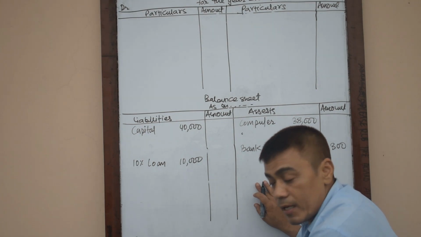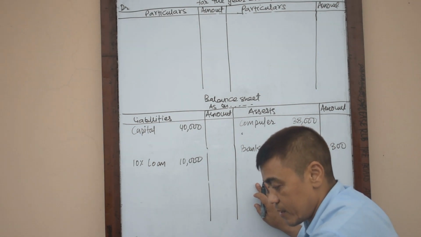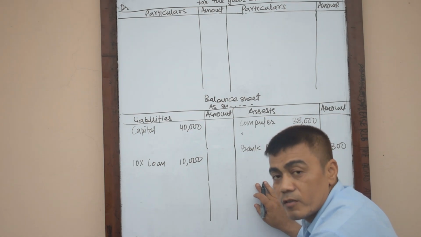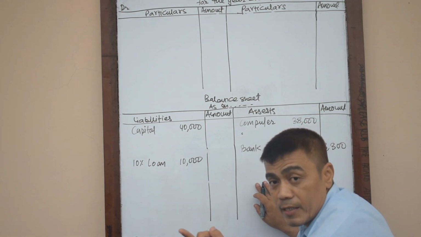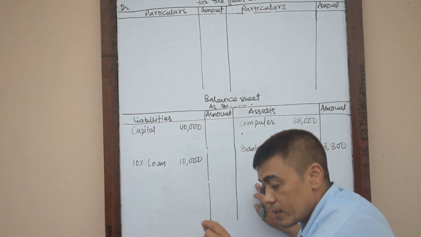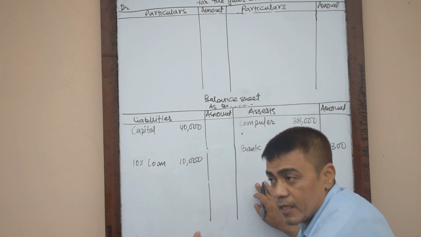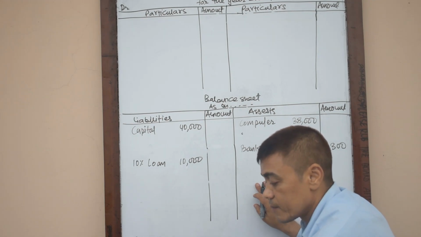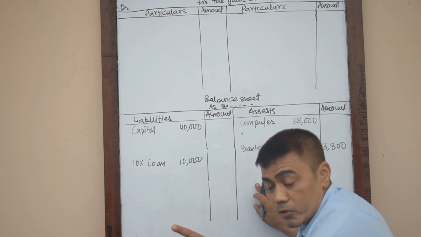Now we'll go to the receipt side of this year. On the receipt side there is given opening balance 8,500. That means the previous year's remaining 8,500, the same amount this time also. At the beginning of this year they carried out their business activities with the same 8,500, so 8,500 we are not going to write.